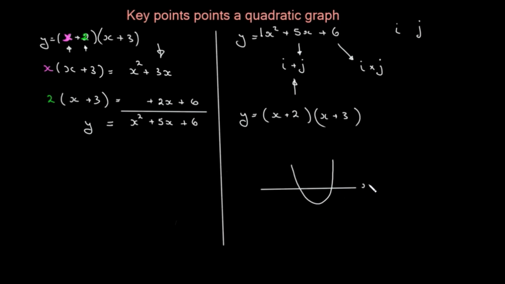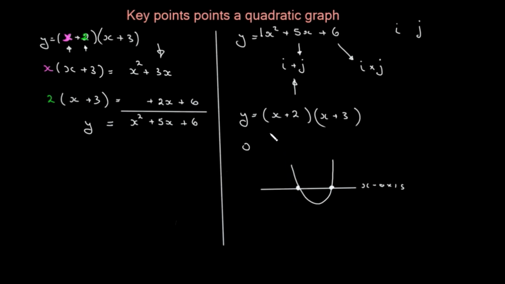There's your x-axis. We're looking for the y value when y is 0. It is the point where this curve crosses the x-axis, because y is 0 at that point and y is 0 at that point there.